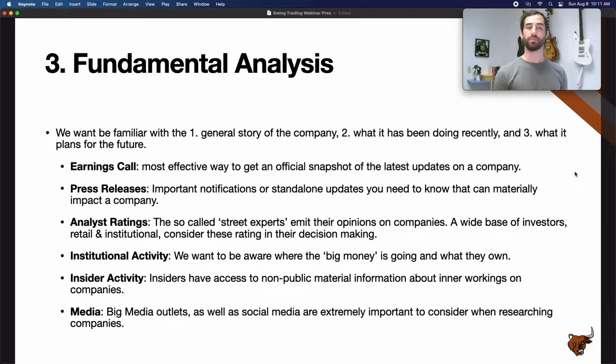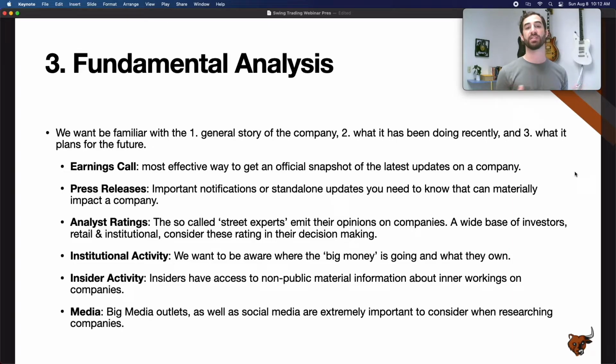So very generally, we want to become aware of the story of the company. Okay, so what it's been doing, where it's at today, and what are its plans for the future. Okay, in general terms, if we understand that, we've done some good fundamental analysis.